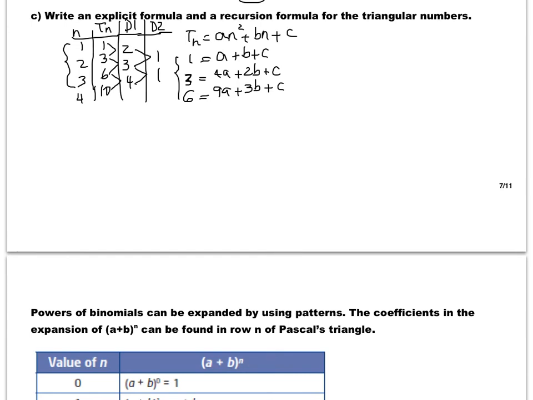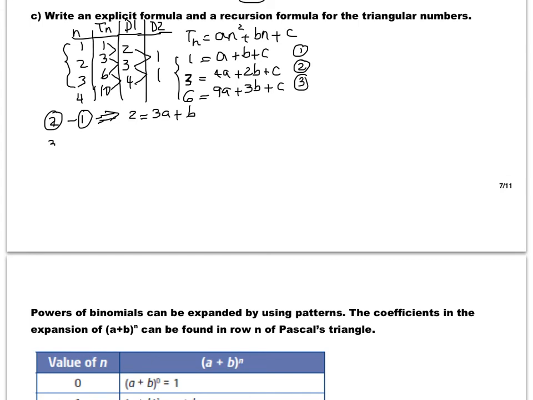To find a, b, c, I'm going to subtract equation 1. If this is equation 1, 2, 3, I'm going to find equation 2 minus equation 1. This is going to give me 3 minus 1 is 2, 4a minus a is 3a, plus 2b minus b is b, and c minus c is 0.